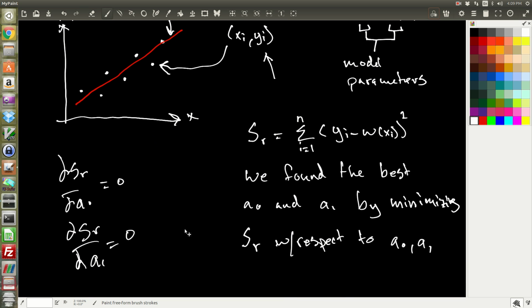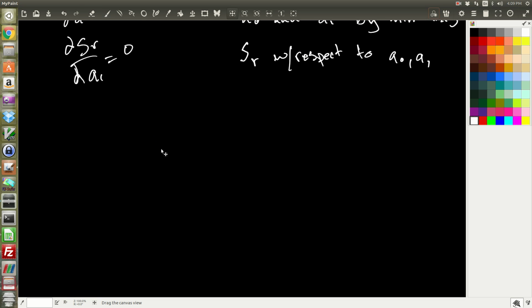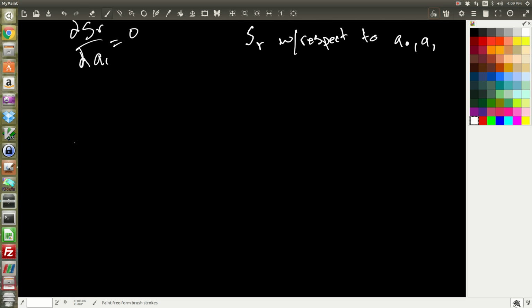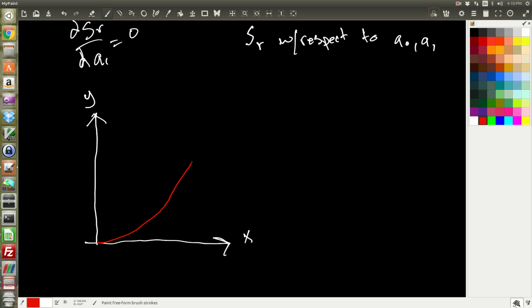So what if we have some data that instead of looking linear, maybe it looks like some kind of power law. So x and y, and maybe the trend of our data looks something like this, some form of power law or exponential.